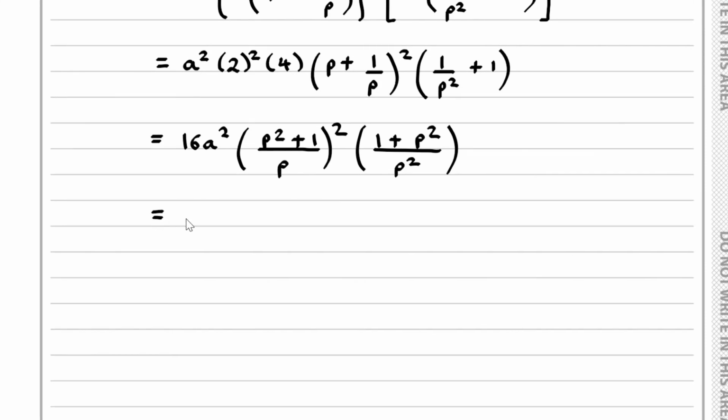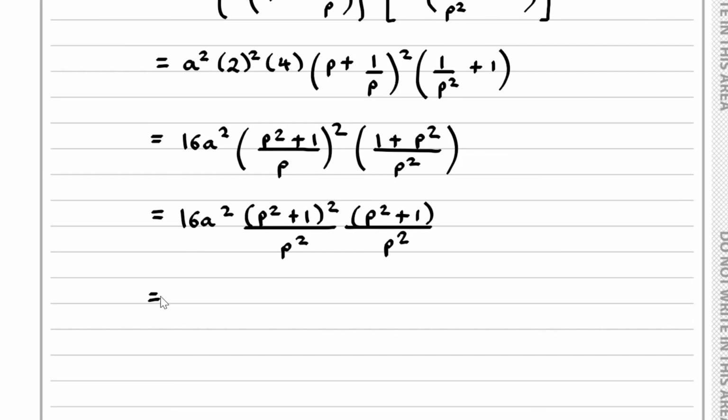And so we've got 16a squared, and over here this is the same as p squared plus 1 squared divided by p squared, and then here 1 plus p squared is the same as p squared plus 1, and I'm dividing this by p squared, and so combining I've got 16a squared divided by p squared times p squared, which is p to the power of 4, and then in this bracket we've got p squared plus 1, which is squared, and then being multiplied by p squared plus 1, so that's the same as p squared plus 1 all cubed.